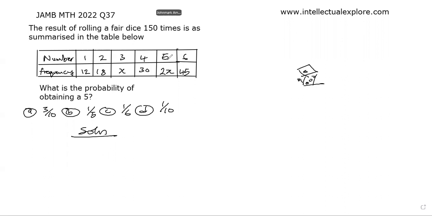We'll find out how many times 5 came out, and then divide it by the total number of times the die has been rolled. But before then, we have to find X. So this row here stands for the frequency, the number of times it has been thrown.